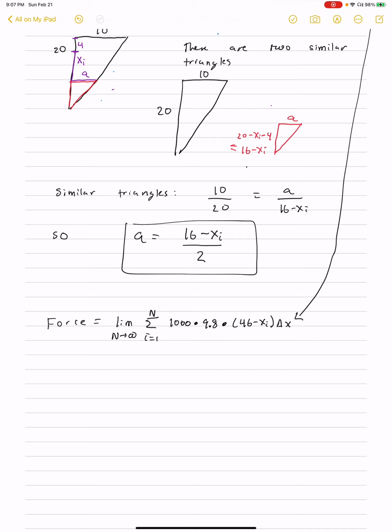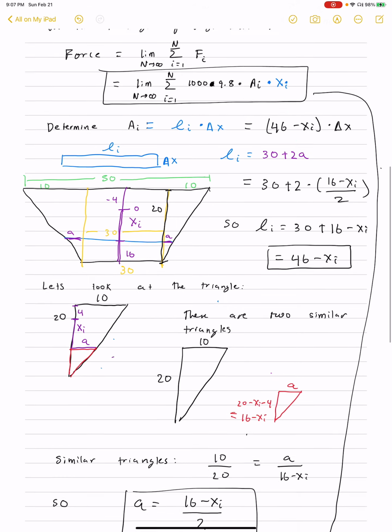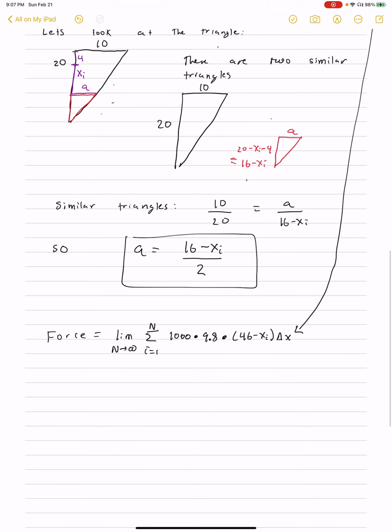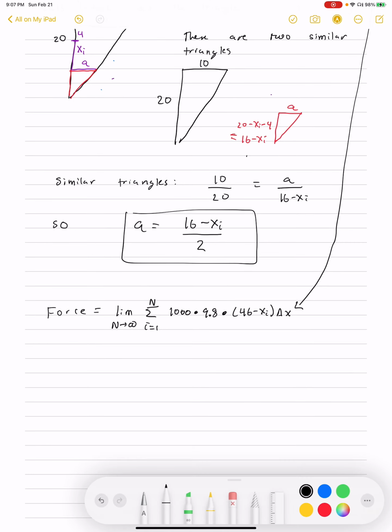Okay. And remember, I also have this x sub i in blue right there. So I need to multiply by x sub i. And now I need to get rid of that little arrow because it's getting in the way.